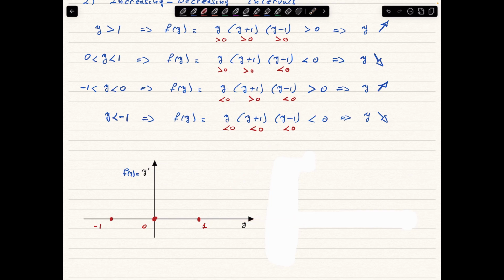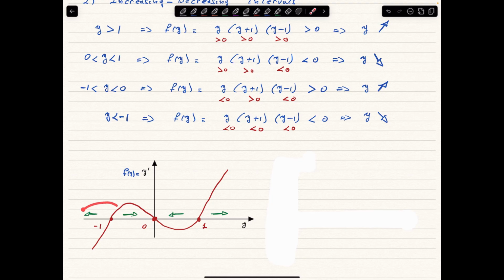Then we are alternating signs, so the graph has to be something like this. I can do a better graph later, but essentially that is how the graph looks. And now we have the intervals of increasing and decreasing. Here is increasing, here is decreasing, and then increasing again and decreasing again.